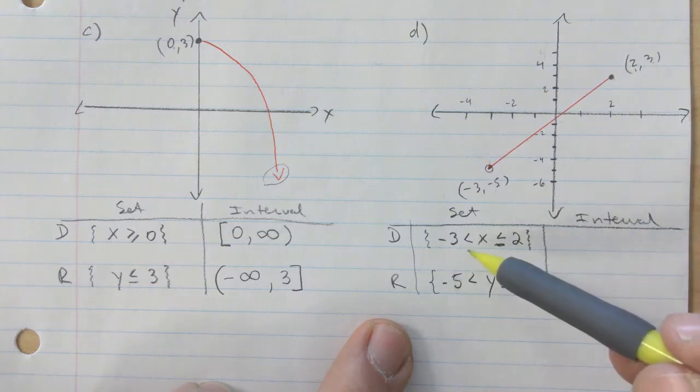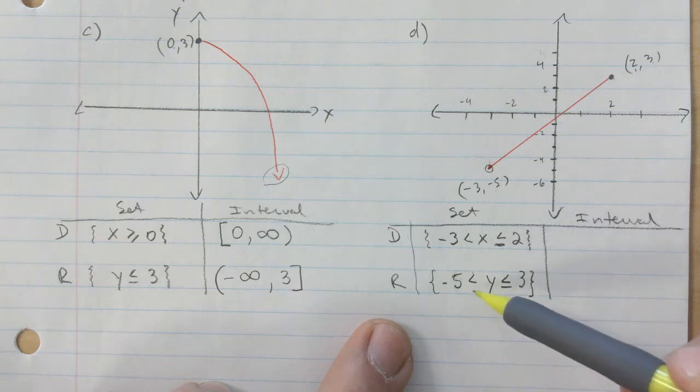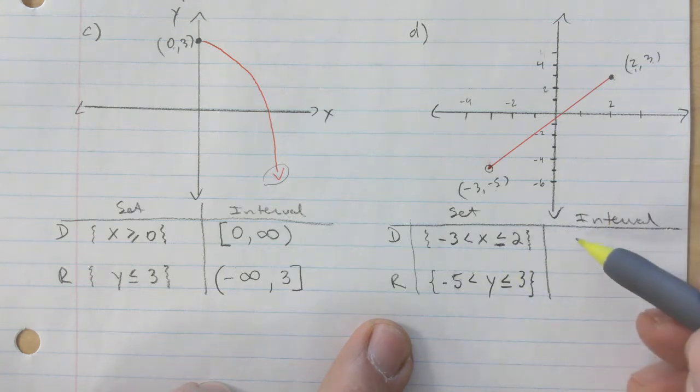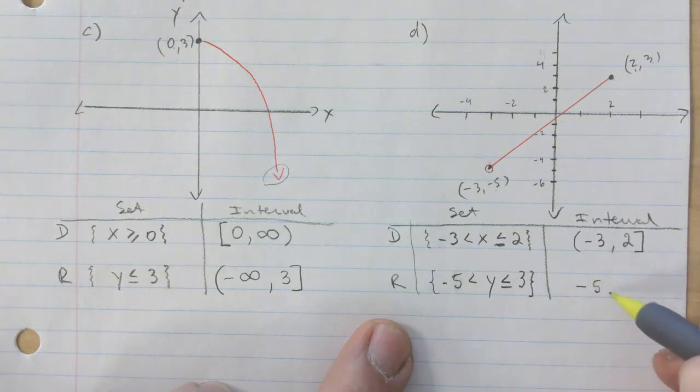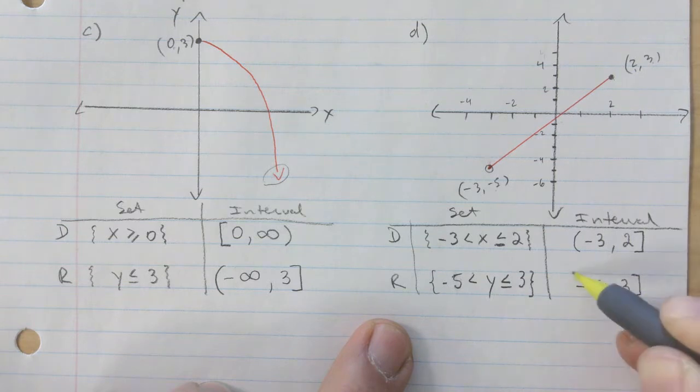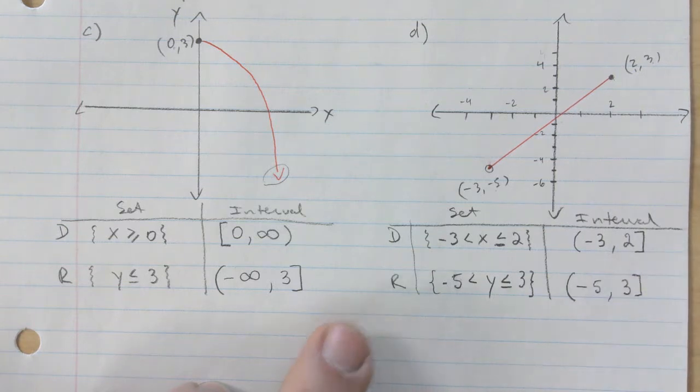And how do you take care of the equal missing when it comes to interval notation? Well, you use round brackets, right? You go from negative 3 to positive 2, but that's included. And then you go from negative 5 to positive 3, not included, included. Okay?